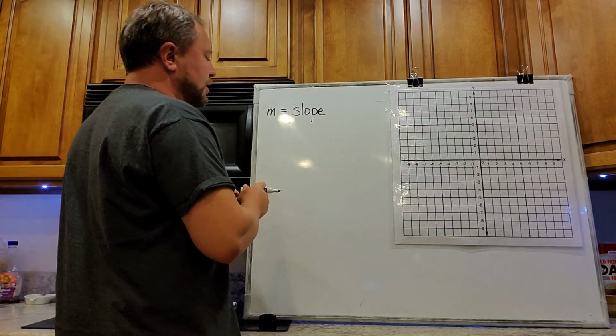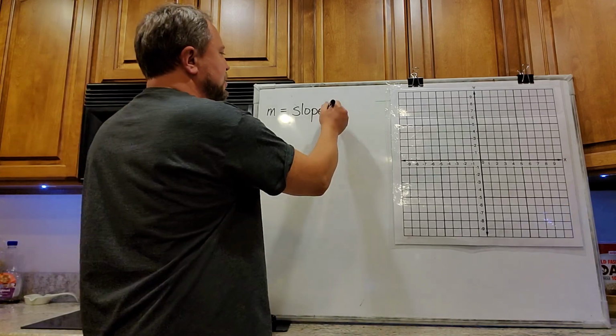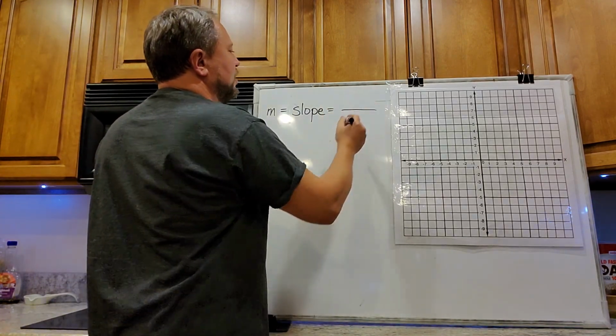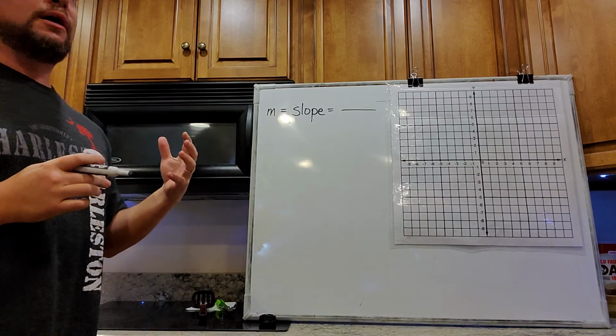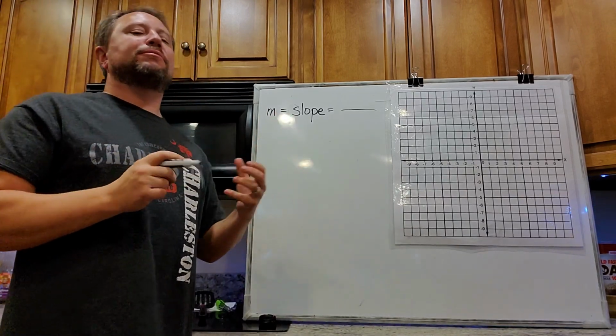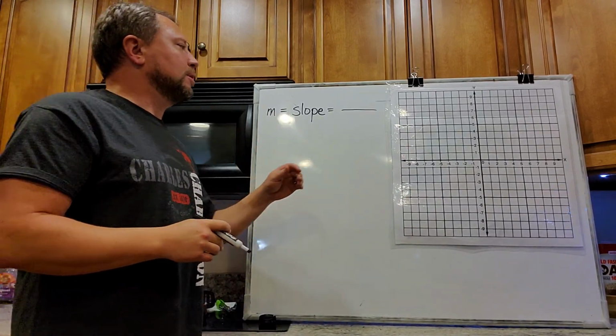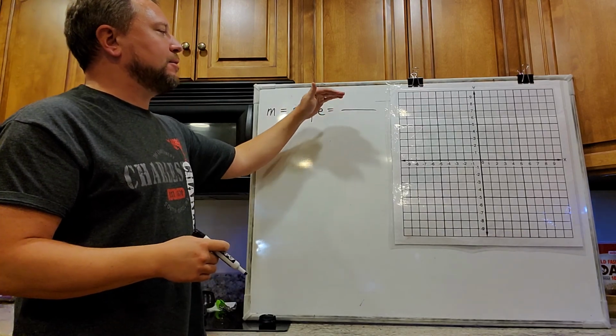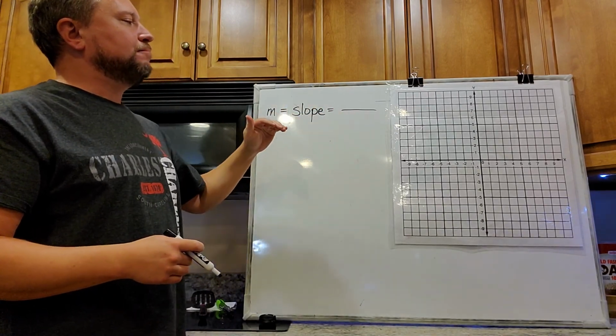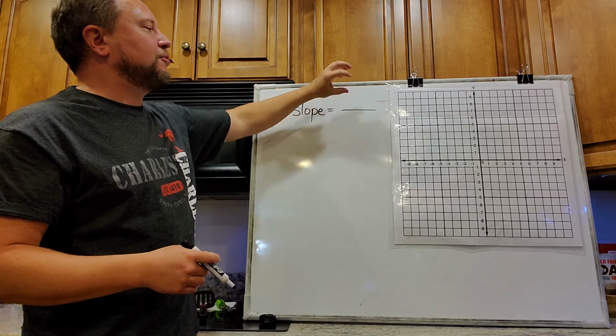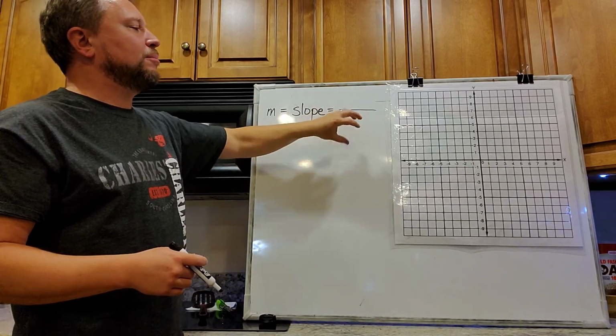And usually when I ask people about slope, what is it? They're able to spit out a concept of slope where it's blank over blank. There's a certain value on the top of a fraction, and then a certain value on the bottom.